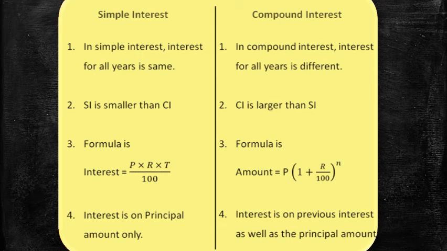The formula to find simple interest is PRT by 100. Whereas in the case of compound interest, first we find the amount, then amount minus principal gets us the compound interest. Simple interest is based on the principal amount alone. Here, the interest is on the previous interest as well as on the principal.